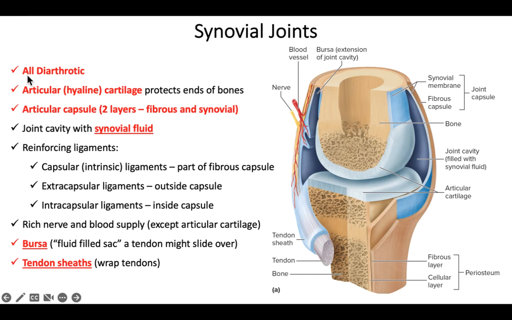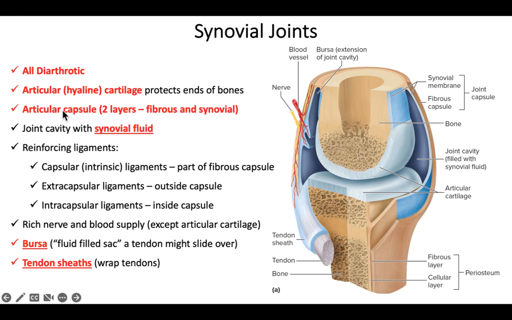They're all diarthrotic, meaning freely movable. They have cartilage, but again, the cartilage is not holding the bones together. It's protecting the ends of the bones and providing a nice smooth surface. All right, so this is hyaline cartilage known as articular cartilage because it's found at a joint or an articulation.